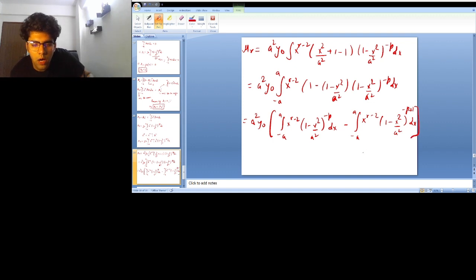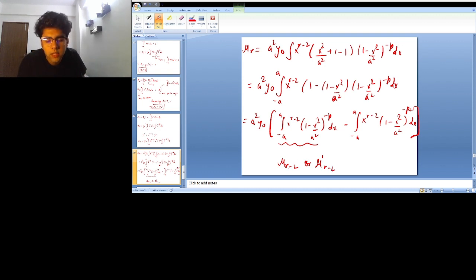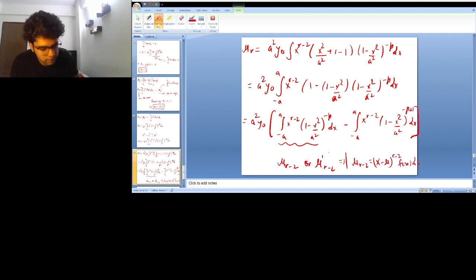Now we know that this will be equal to mu r minus 2, or mu dash r minus 2, because my mean is 0, so both of these terms are the same. This is my r minus 2th moment, because my mu r minus 2 will be the integral of (x minus mu) to the power r minus 2 f(x) dx from minus a to a.